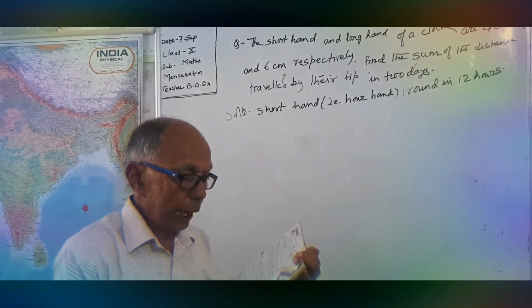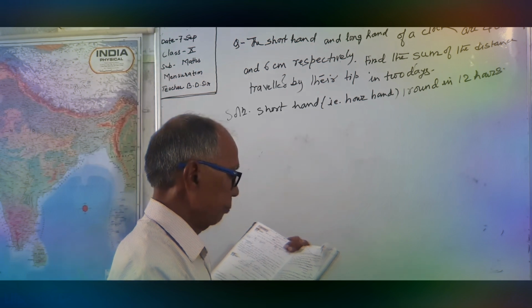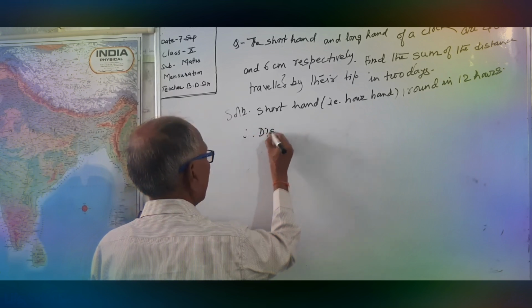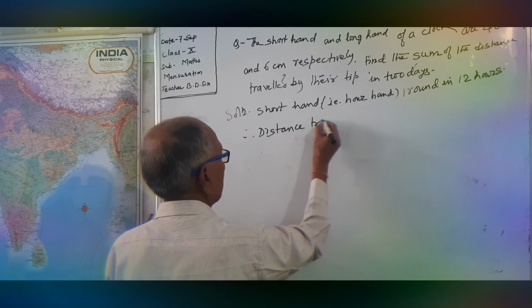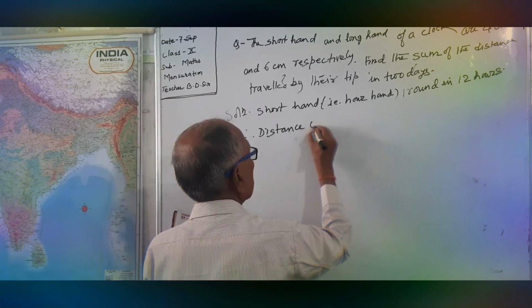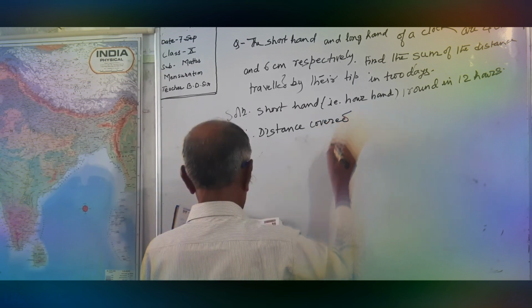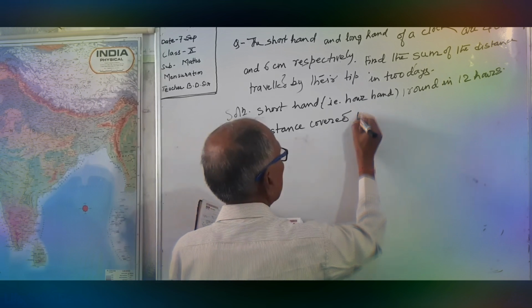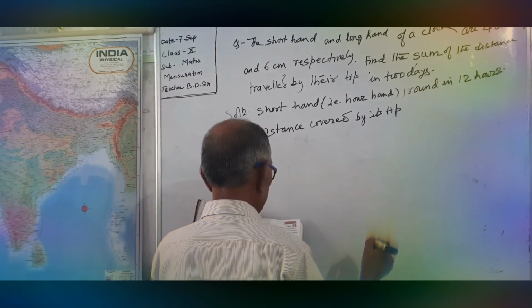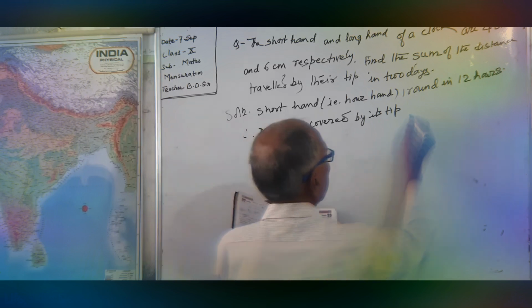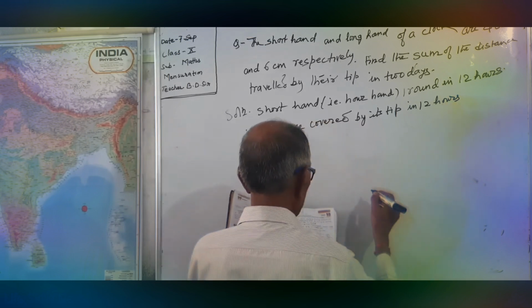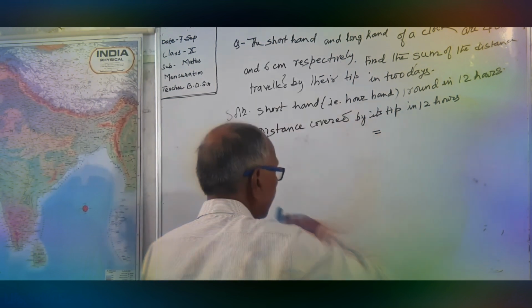सो डिस्टेंस ट्रेवल्ड बाय, therefore distance traveled or covered by its tip in 12 hours is equal to the circumference of the circle.